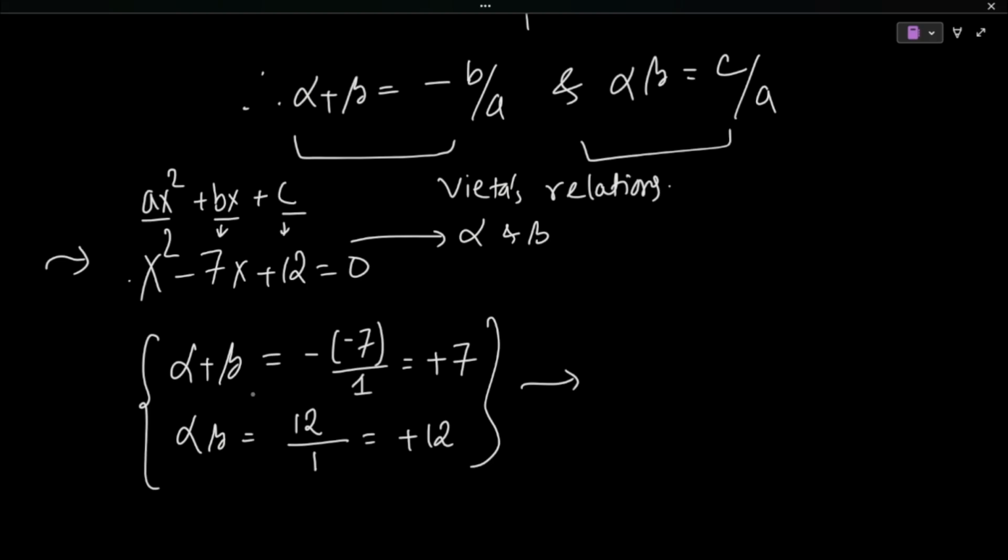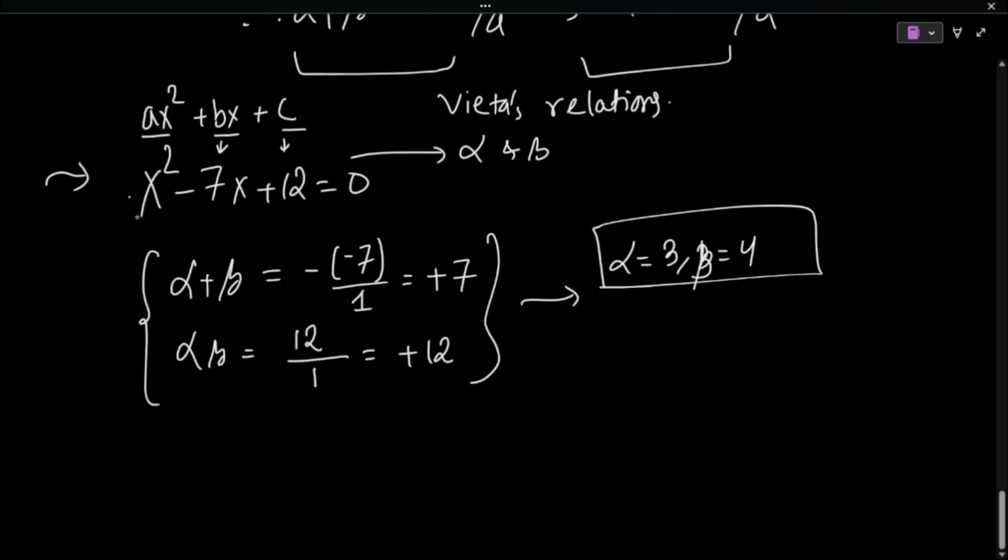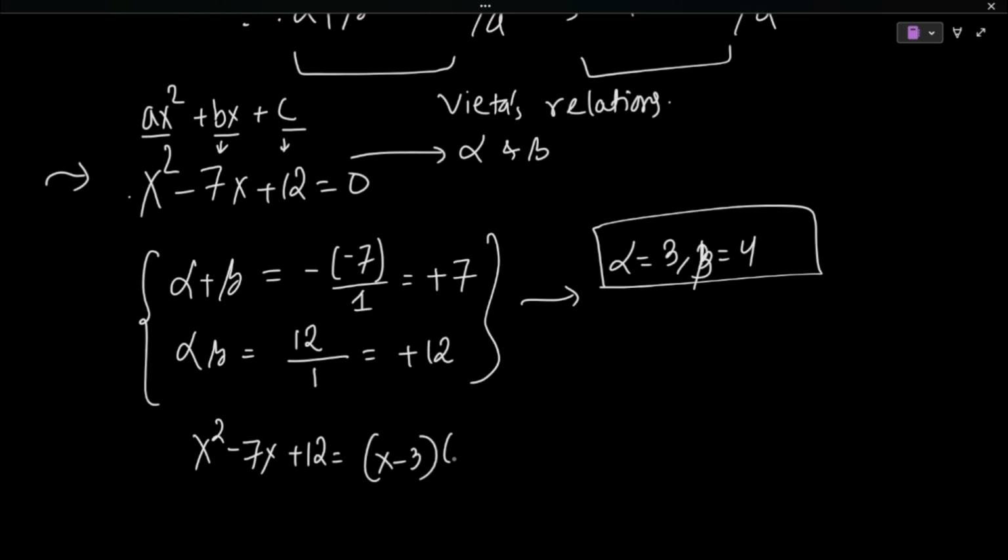It's very easy to see that alpha is 3 and beta is 4, or alpha is 4 and beta is 3, but it doesn't matter because 3 and 4 are the roots. Since the leading coefficient is 1, you can also factorize this equation like this: x square minus 7x plus 12 equals (x minus 3) into (x minus 4), right?